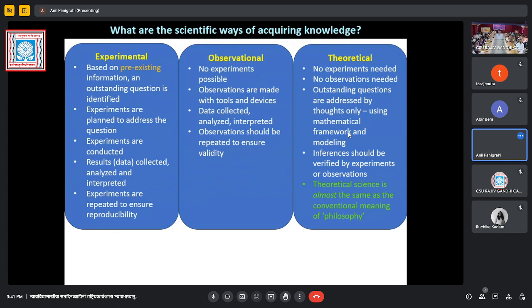This is how Einstein came up with his theories of relativity. So the key thing here is that the inferences that are drawn from the theoretical scientific insights need to be verified by experiments or observations. This is a key point.